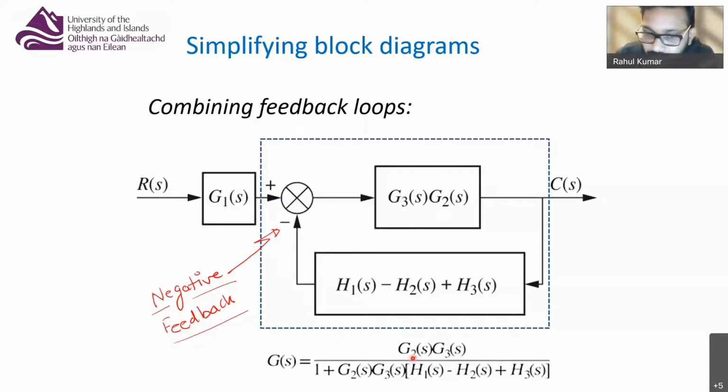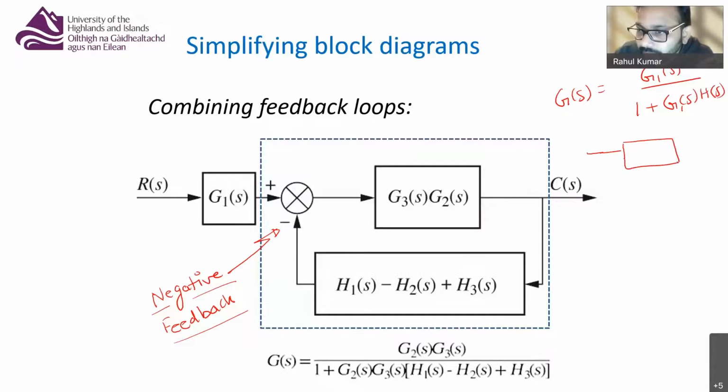So for a closed loop system, the overall transfer function G of S is G1 of S divided by 1 plus G1 of S H of S, right? So essentially the block diagram was something like this, if you remember: G1 of S, and then you took the feedback.